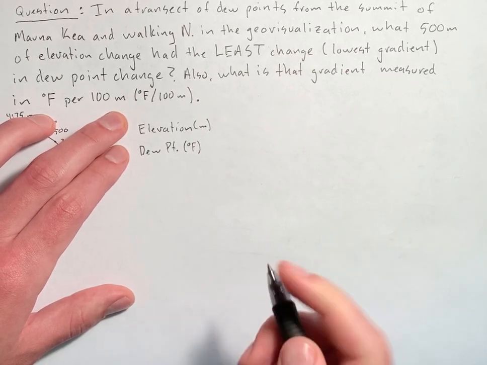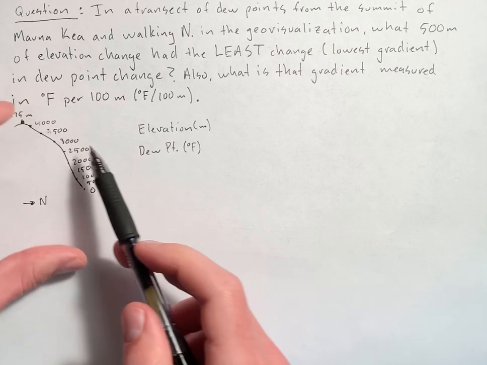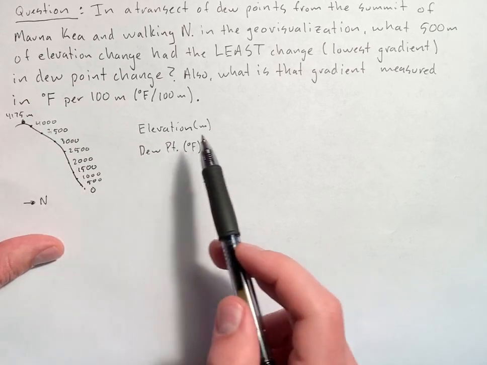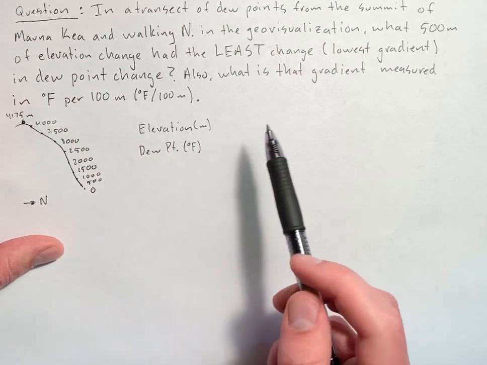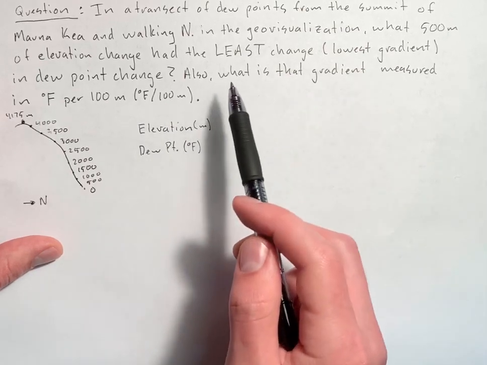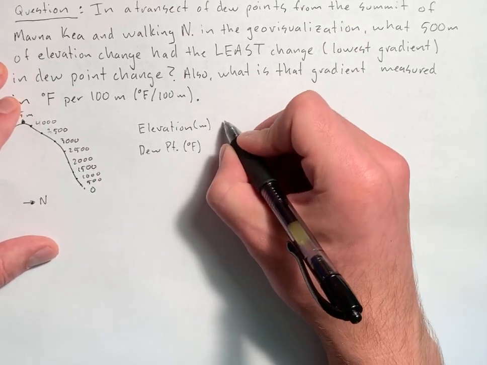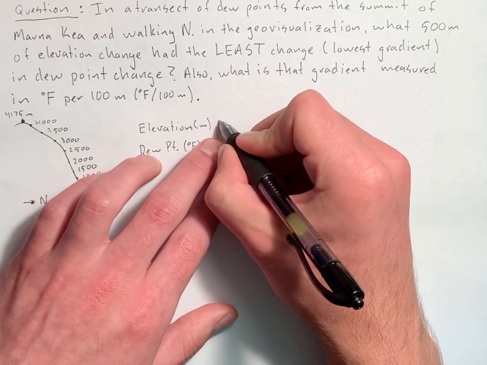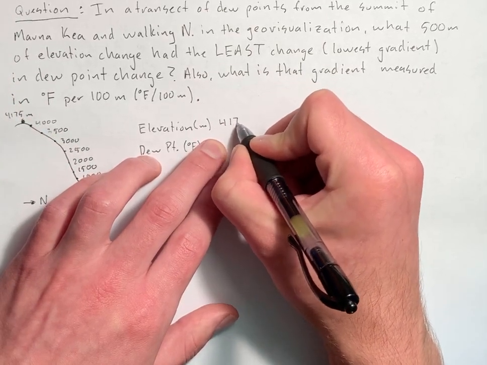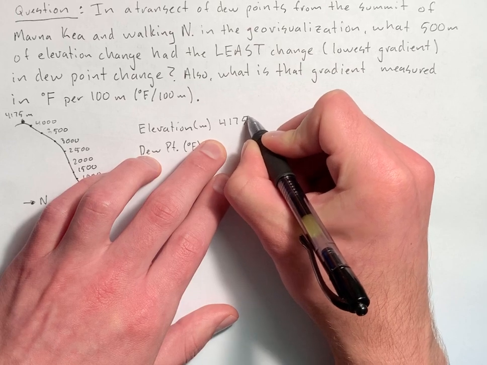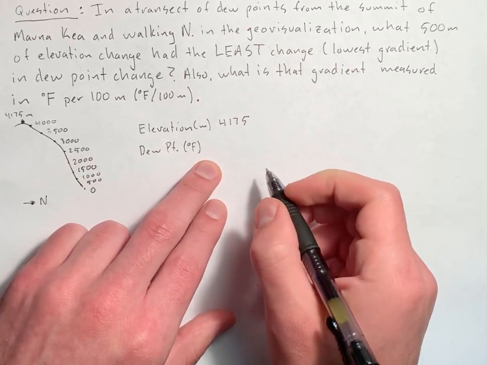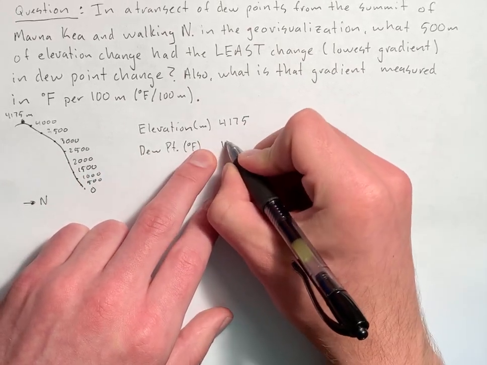And let's start off by just going to each of these locations and recording the elevation and the dew point, and then we can begin to answer the rest of the question. So you're going to get dropped off at the summit, where your elevation is 4,175, and your dew point is 12.